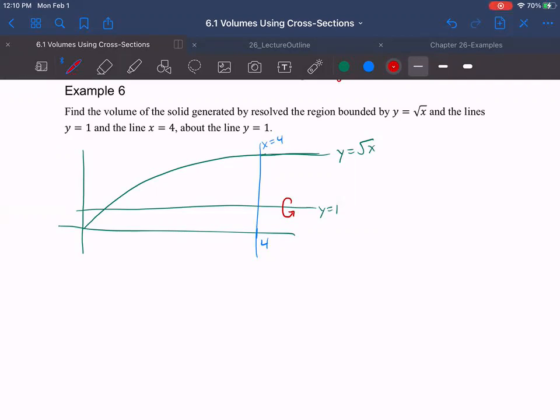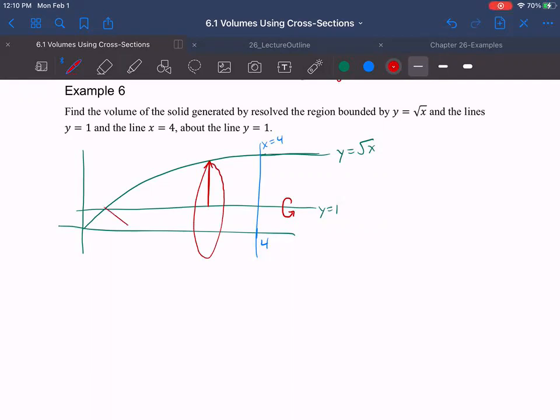All right. So let's think about it just like we did before. Let's say we come out here to some point on the line in our region. We want this area in here, and we want to revolve it that way. So I'm going to take this to be my radius, whatever it happens to be, and then revolve it around into a circle like that.